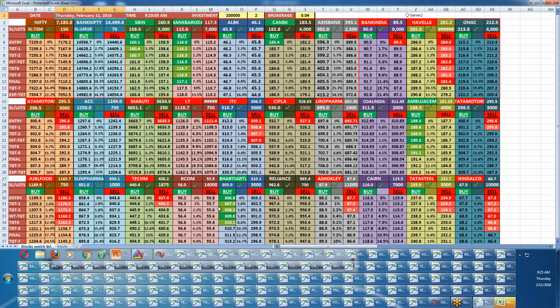So Bharti Airtel, we have a buy. Can Bank, we have a buy here.